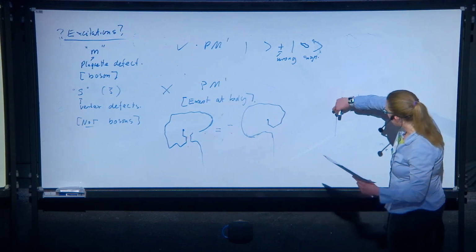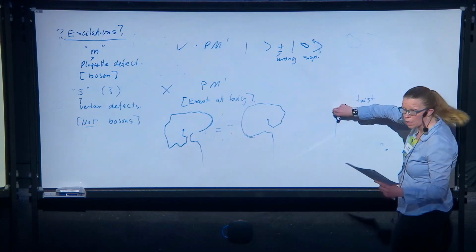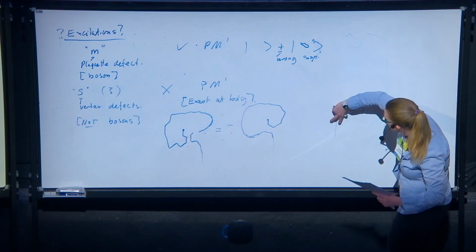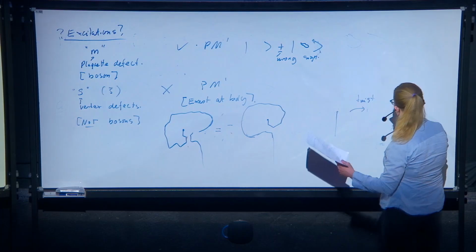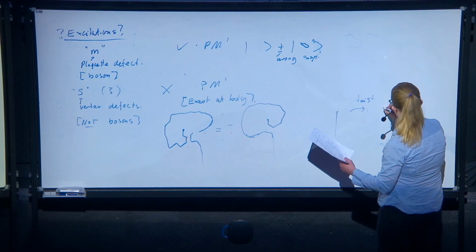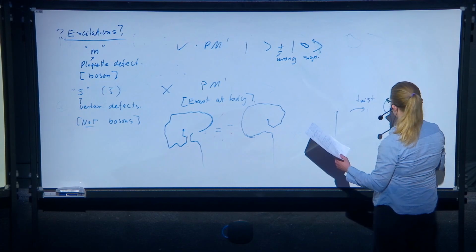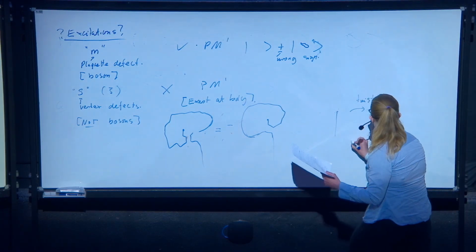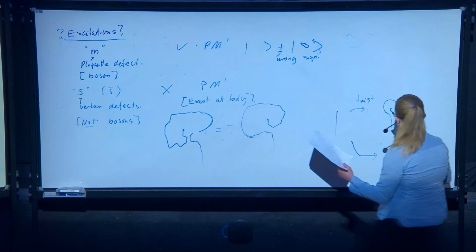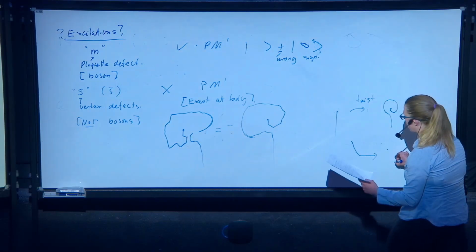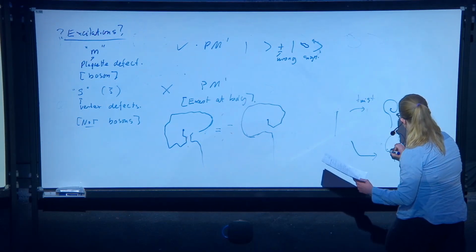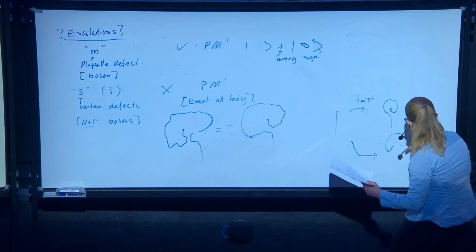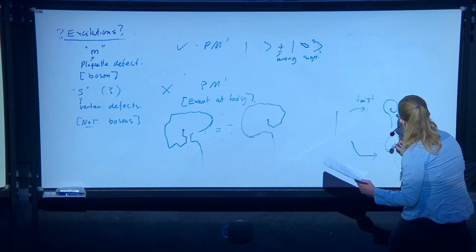So I cut a little point around my annulus, and I rotated the rest of space around here, and then I got something that looked like this. So this is one twist, and of course I could have twisted it in the other direction, and that would have given me a picture that looked like this.